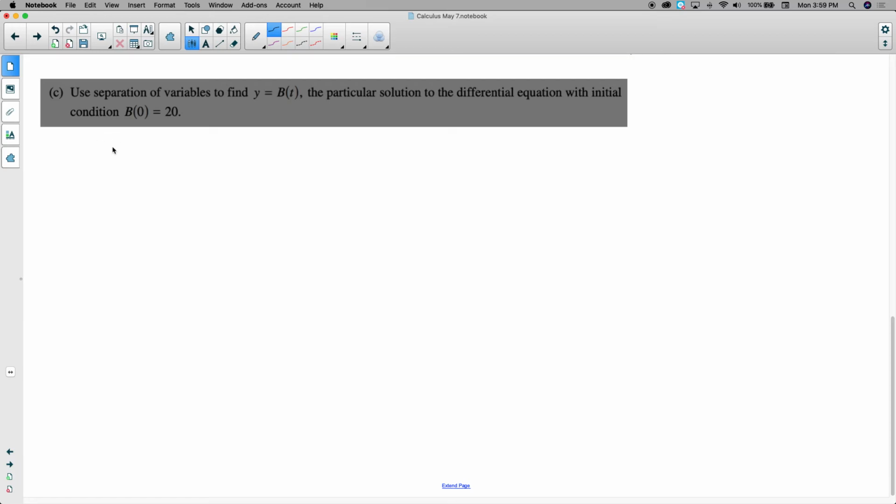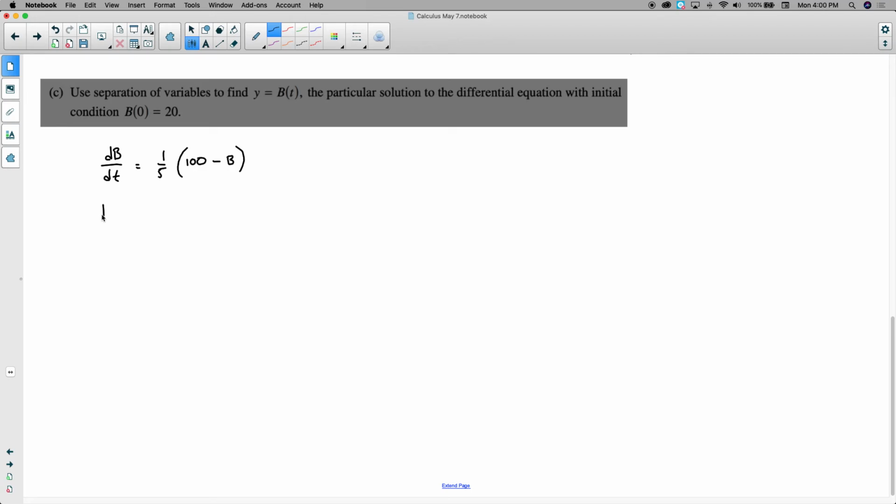Let's remind you of what's going on here. We've got a differential equation, which is as follows, and we want to find the function b of t with the initial condition b of 0 equals 20 using separation of variables. Okay, so that's actually a nice big hint.